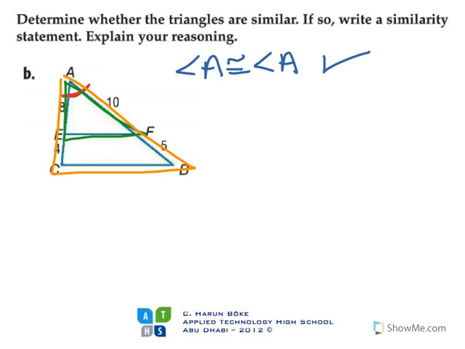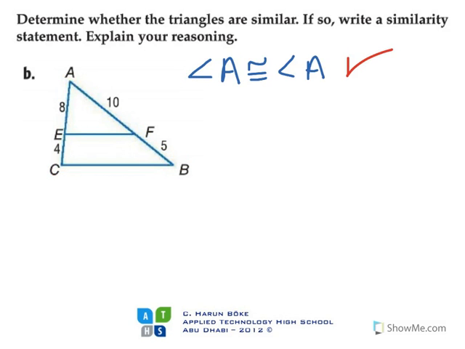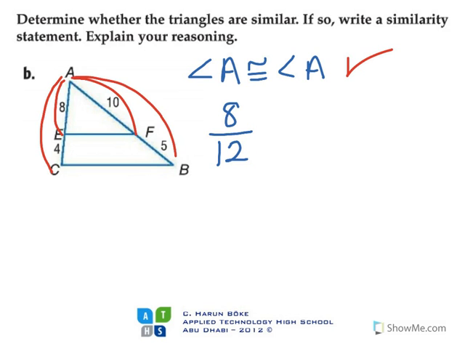Now we should show that the sides are proportional, meaning we will write some ratios and check if they are equal or not. For example, here we can write AE over AC as 8 over 8 plus 4 is 12, which is AC. And we can also write 10 over 10 plus 5, 15.